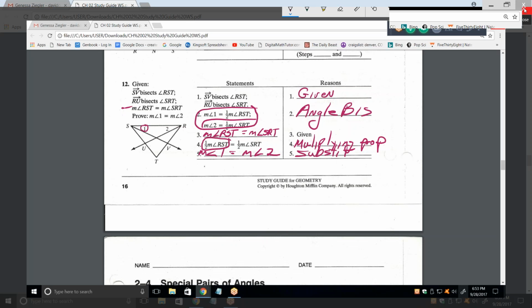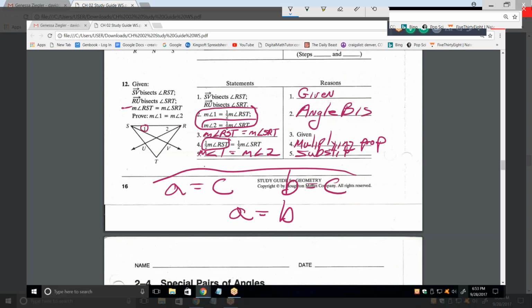Could it be transitive too? I don't think so. The reason is the transitive says if A is equal to C and B is equal to C, then A is equal to B. Which basically says that if one thing is equal to a second thing and a third thing is equal to that same second thing, then the first thing is equal to the third thing.